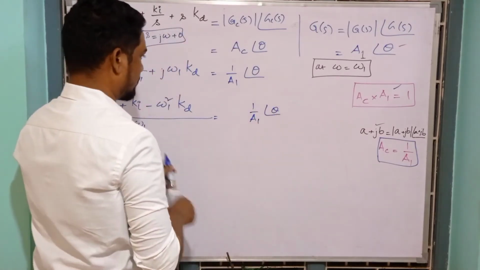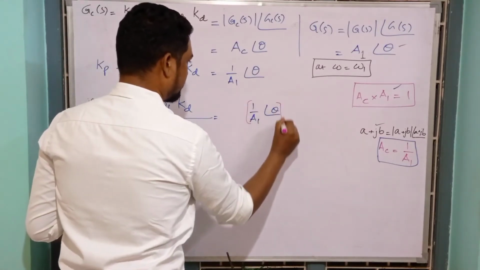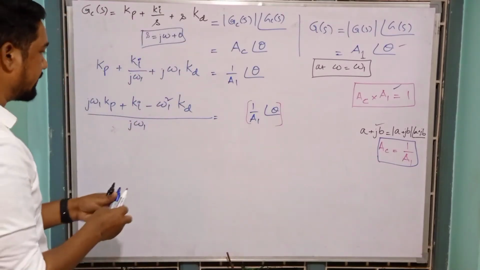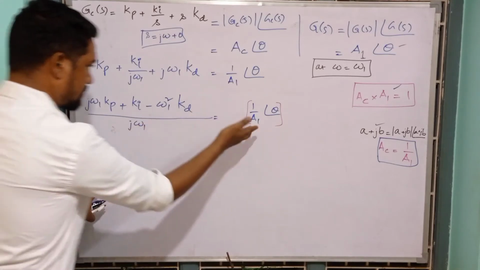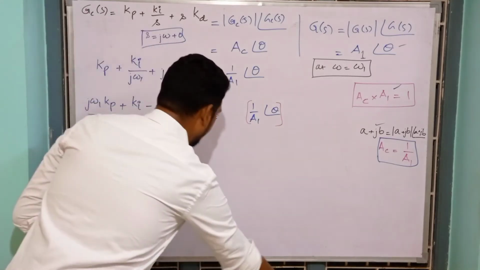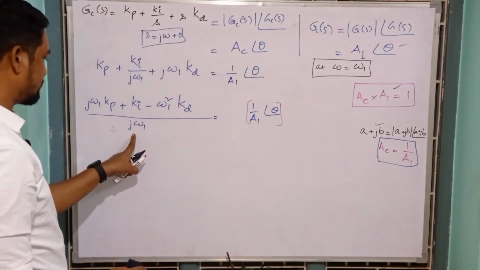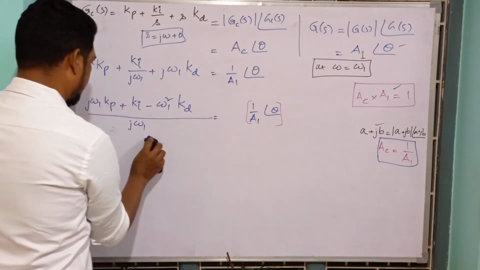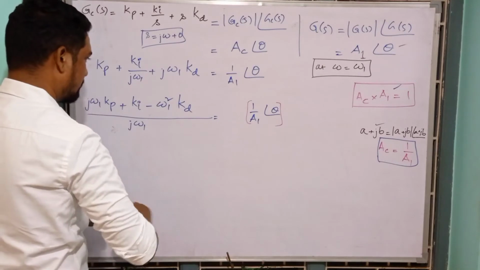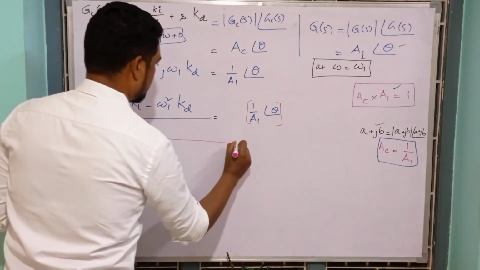Okay, so this one I'm putting in a bracket. I have a reason for that. 1 by A1. So guys, it's dividing, shifting that side, it will be multiplying. Here a small modification: I don't want to write another step, so I'm dragging this to the RHS.